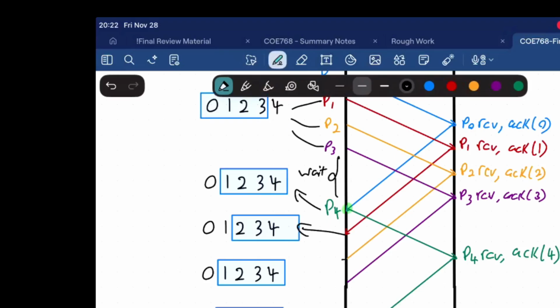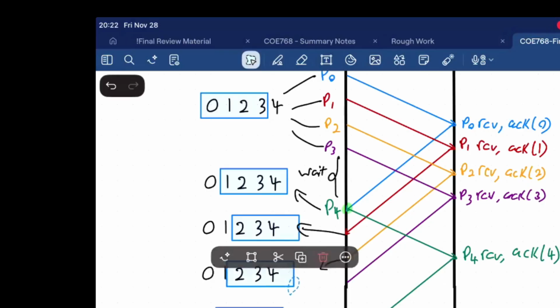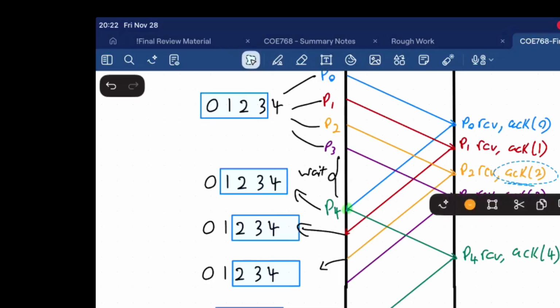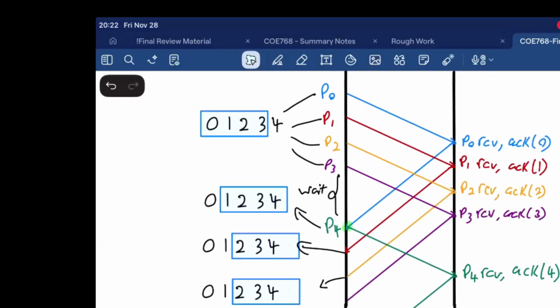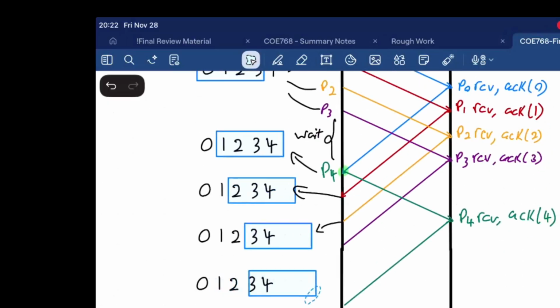Moving on to our 4th. From the previous one, we already have 2, 3, and 4 in the window, but since we got the acknowledgement for 2, once it's confirmed that it's been sent and received, we can shift 2 out of the window as well. And then same thing with 3, once 3 is received.